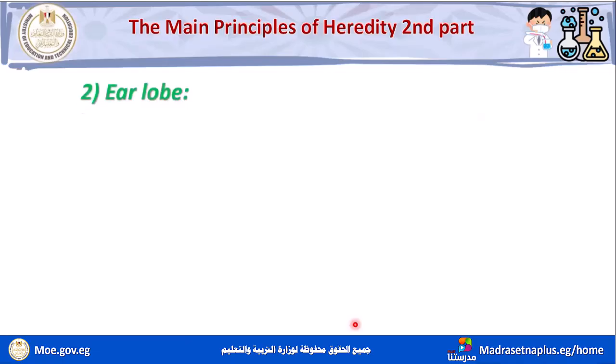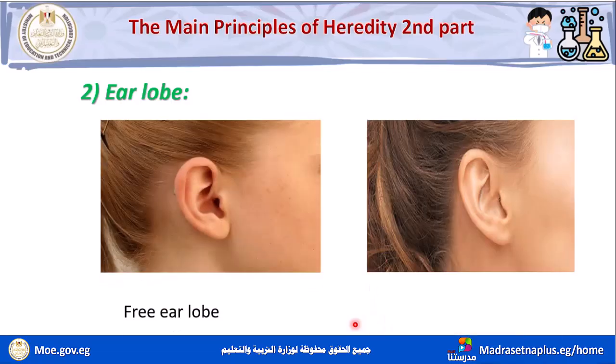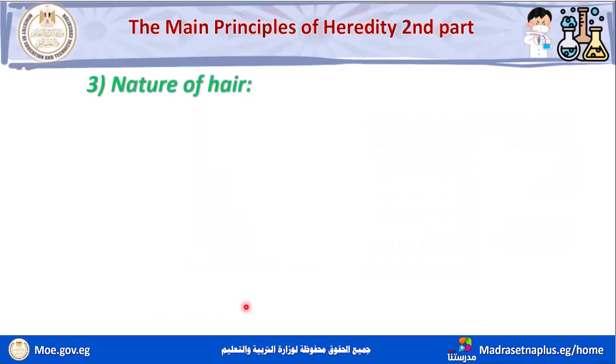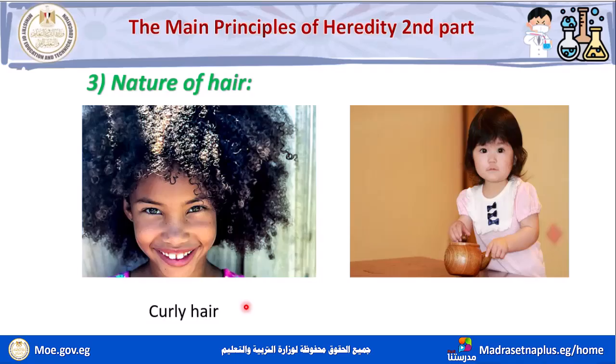Number two, earlobe: free earlobe, dominant trait, and attached earlobe, recessive trait. Number three, nature of hair: curly hair, dominant trait, while straight or smooth hair, recessive trait.